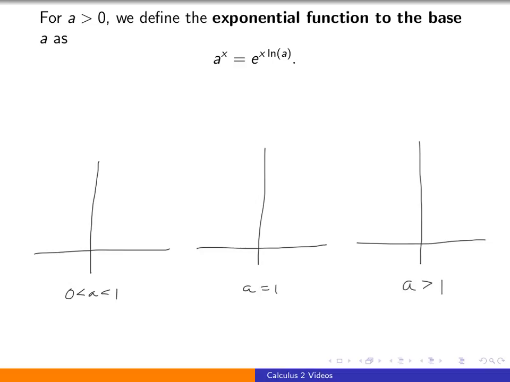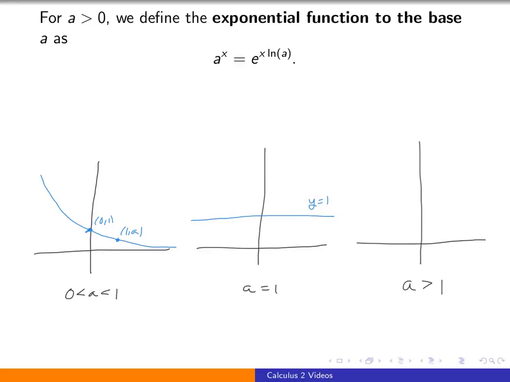If a is between 0 and 1, the graph is going to look something like this. You're going to go through the point 0, 1, and you're also going to go through the point 1, a. If a is equal to 1, that exponential function is just going to end up being the line y equals 1.